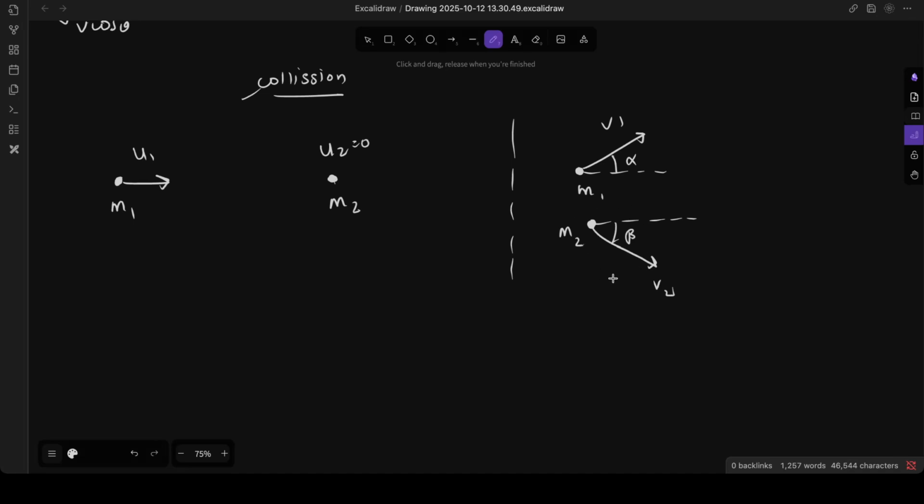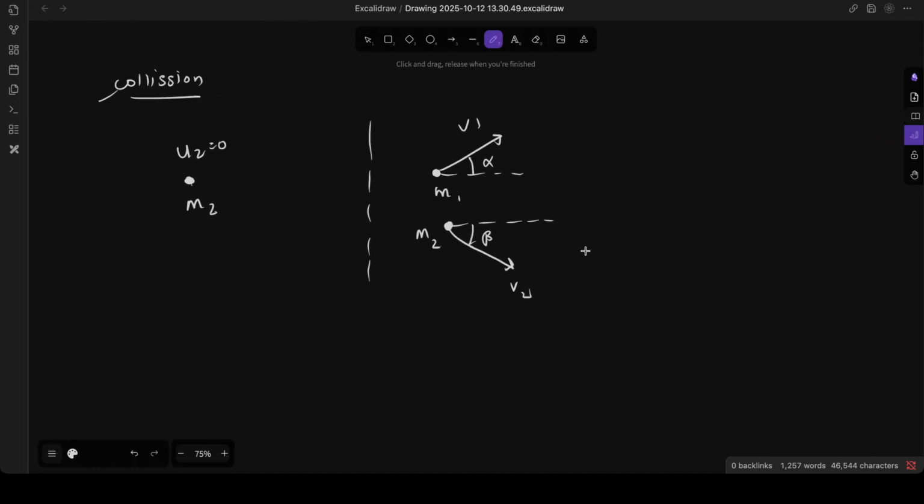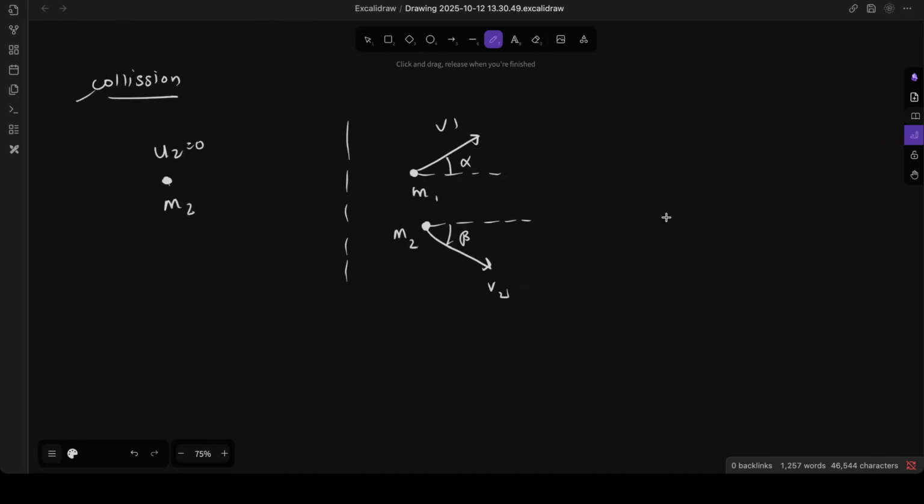Now, before going ahead, one thing we understood from here is that initially there is only a horizontal component, no vertical component. Later on, after the event, there will be horizontal and vertical components. To make things simple, whenever you come across these scenarios, figure out the components initially.